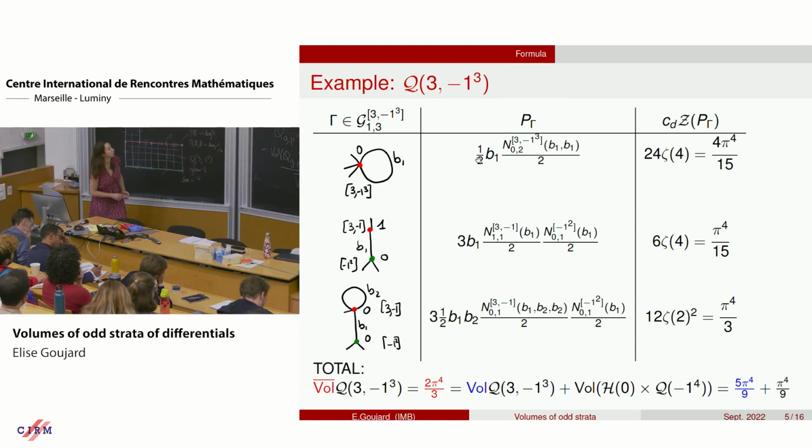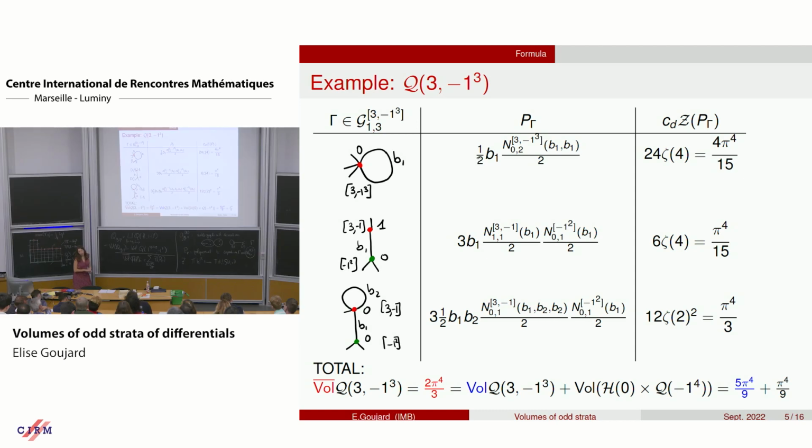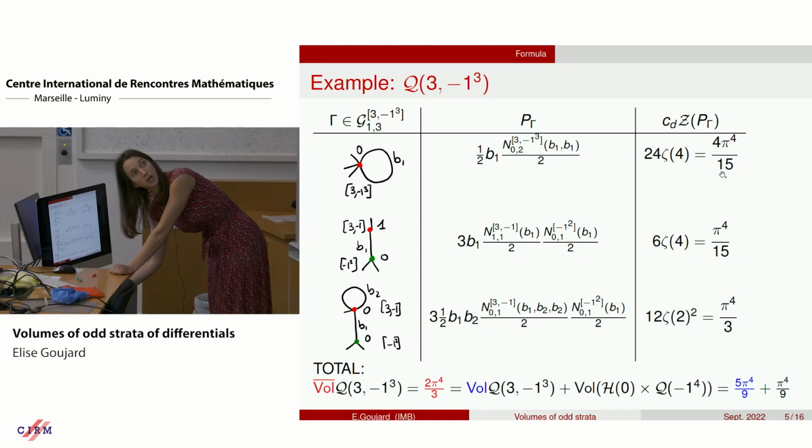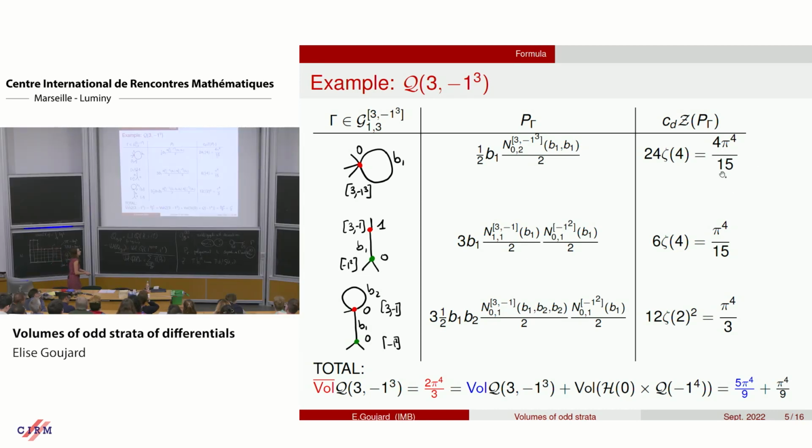I have an additional factor, which is the automorphism of the graph. So here I get 1/2, an order 2 automorphism of the graph, etc. So I get this factor. And then I get a polynomial, and then I apply my operator Z and get some number. Okay? And I consider the sum.